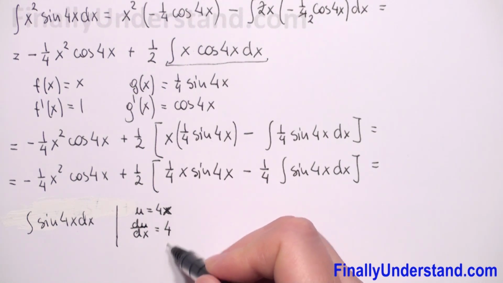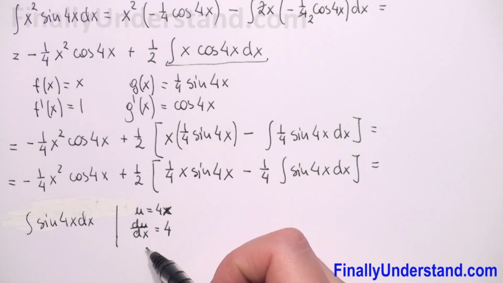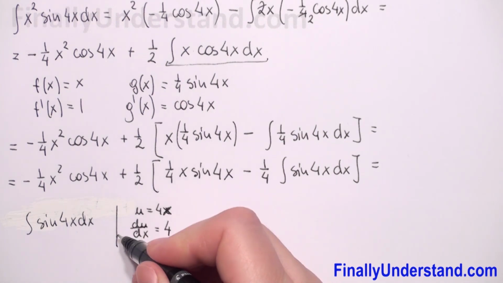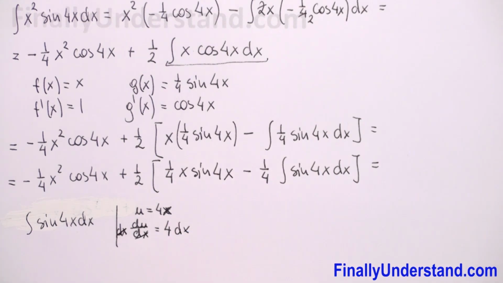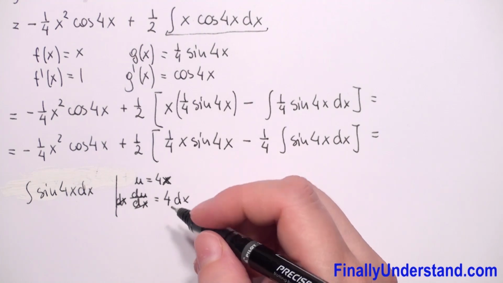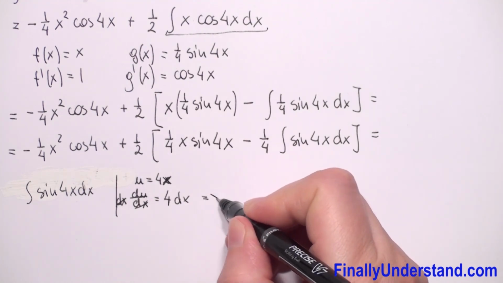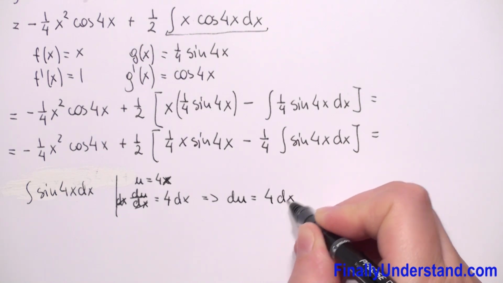Derivative of 4x is 4. Now, because we do u substitution, we need to find du. So I will multiply both sides by dx. Dx and dx we can reduce. And we have that du is equal 4 dx.